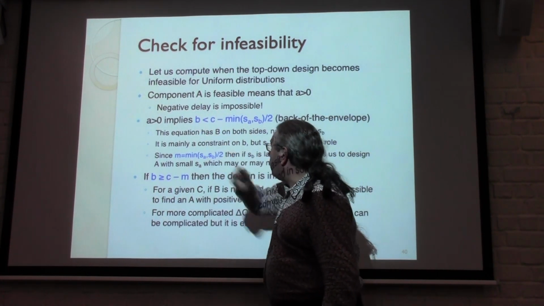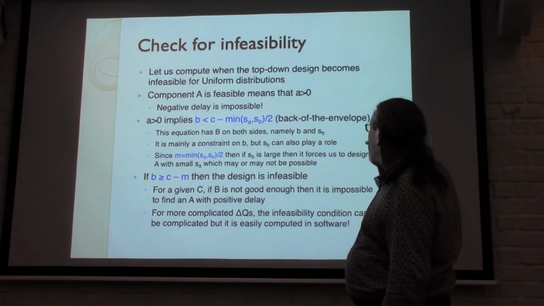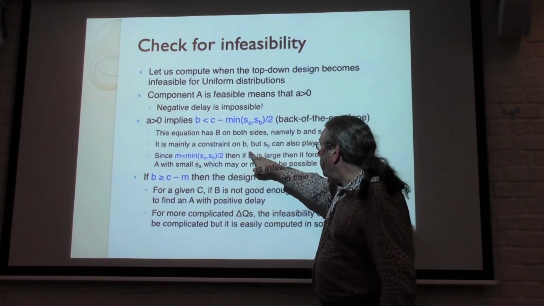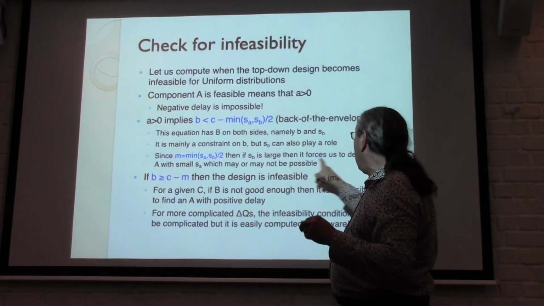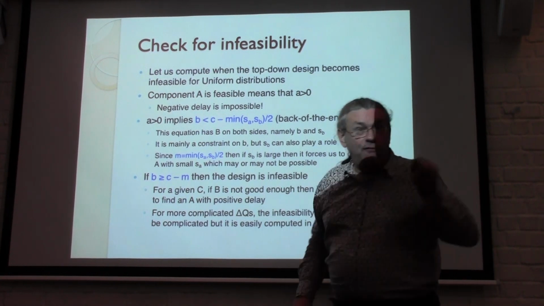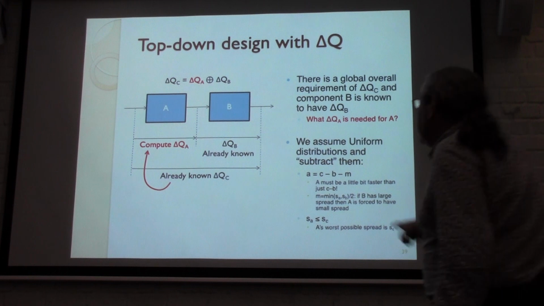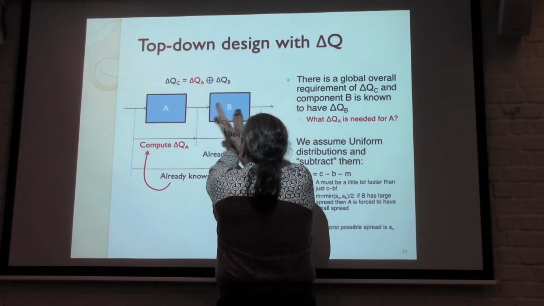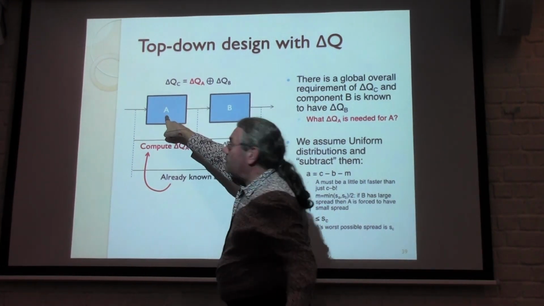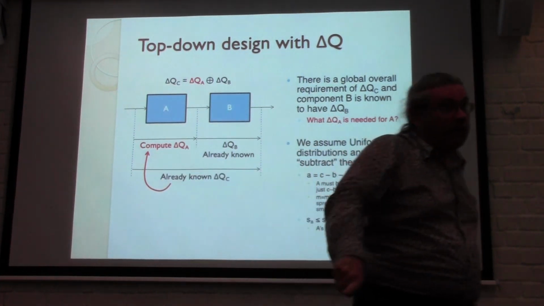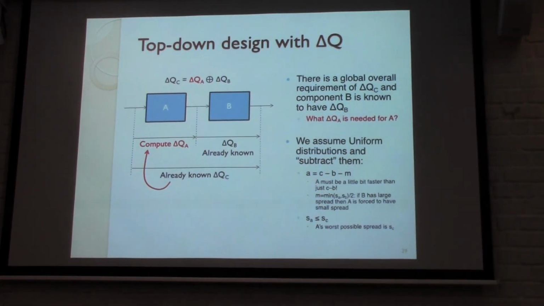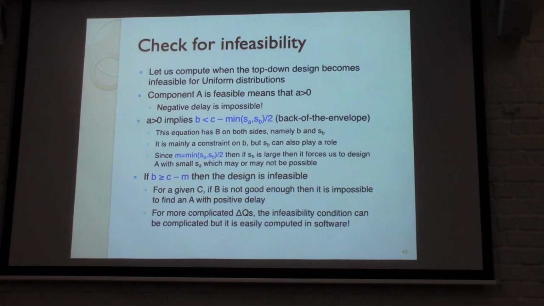So it's mainly a constraint on B. Now if SB, which is the spread of B, is very large, then it forces A to have very small delay. If this has a lot of variability, it forces the delay of A to be small. Otherwise it's impossible. See that? Okay?